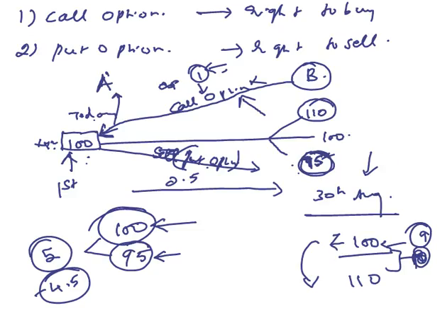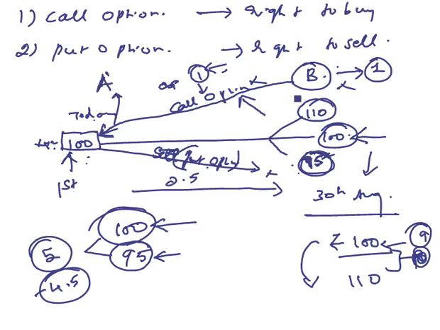And let's say the third scenario, wherein the price of the stock remains the same. In this case, neither of the parties will exercise the option, B in the case of the call option, and A in the case of the put option. And obviously both of them will be incurring, in the real world, a loss of whatever amount they spent on the procurement of the option.